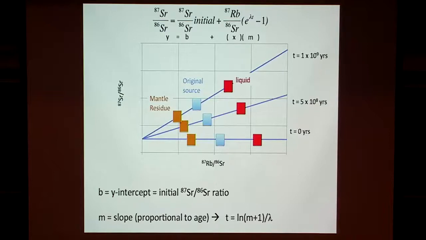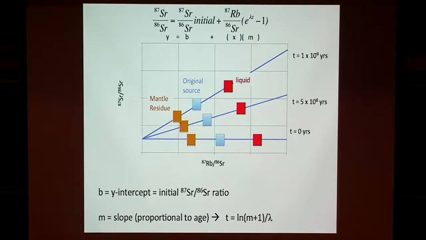All right? So how do you extract an age from this? Well, first, if you draw a line through these points, that line will intersect the y-axis. That gives you the y-intercept. That y-intercept, even at some time over 1 billion years or 2 billion years, tells you the initial 87-86 strontium that you started with.